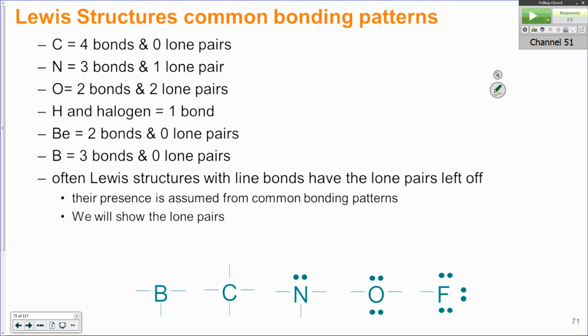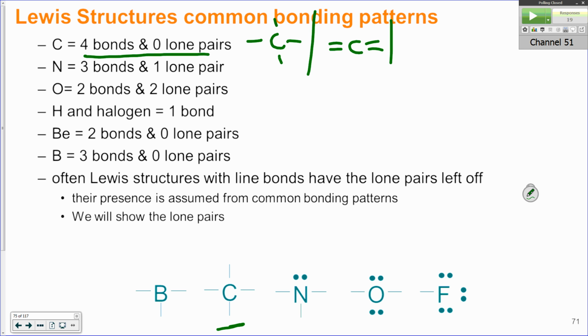Here's one of the important things to understand, what we call bonding patterns. If we look at bonding patterns, here are some things that we always are going to find. Carbon wants to have 4 things bound to it and 0 lone pairs. So this is the way we want to find carbon. The ways that we can find carbon are these 4 single bonds, or we can find carbon with 2 double bonds that has 4 things bound to it, 4 pairs of electrons shared to it.